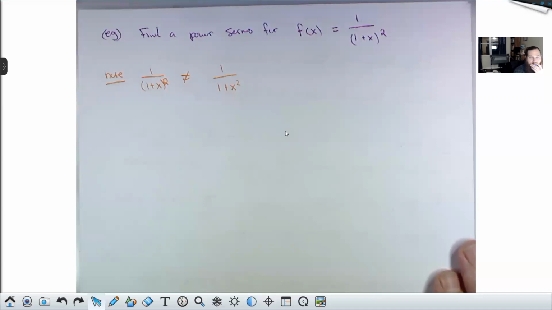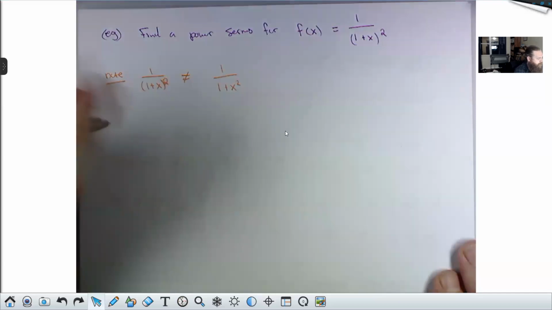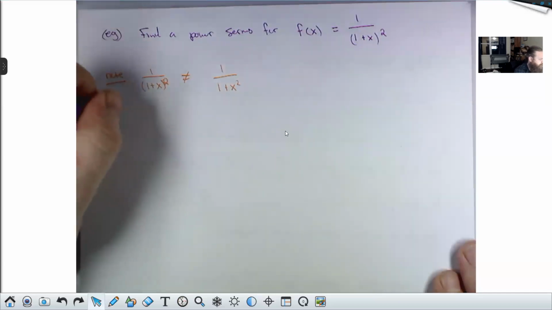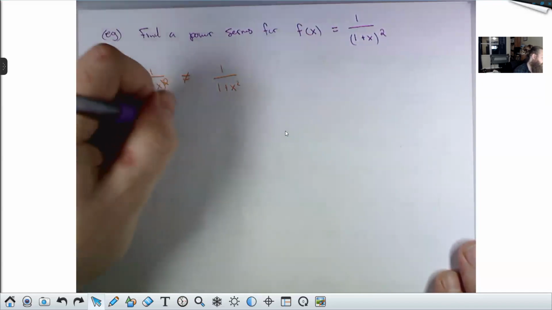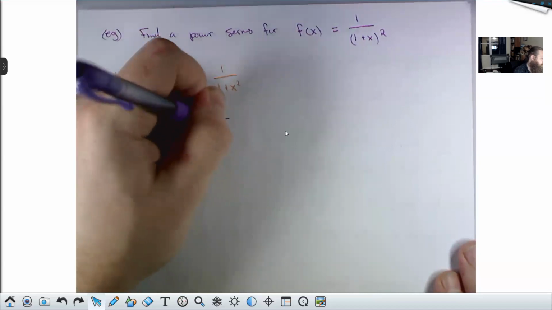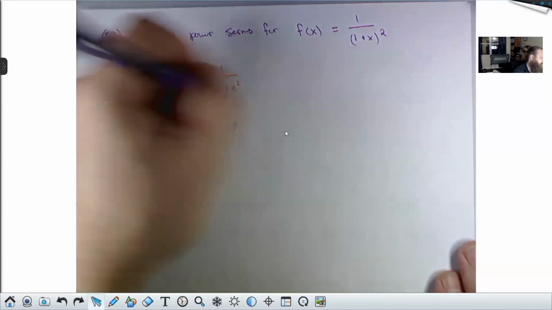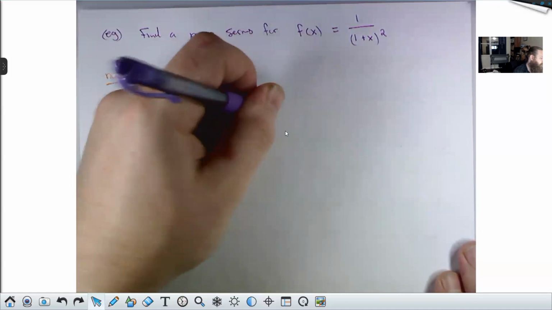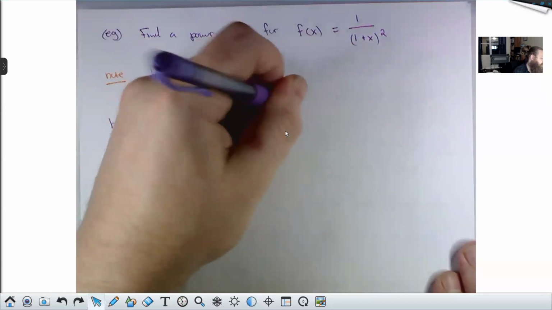But there is something which is true. f of x here, 1 over (1 plus x) all squared, is (1 plus x) to the negative 2.